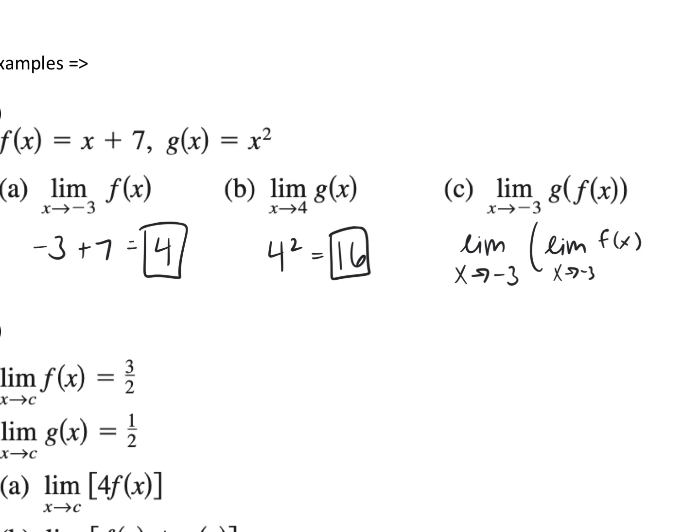Okay, we have to evaluate the limit as it approaches f of x first. If I evaluate that limit as x approaches -3 at f of x, that was letter A, right? So it would be 4. So as the limit as x approaches -3 at 4. Oh, I forgot a g in front of this here. There's a g.